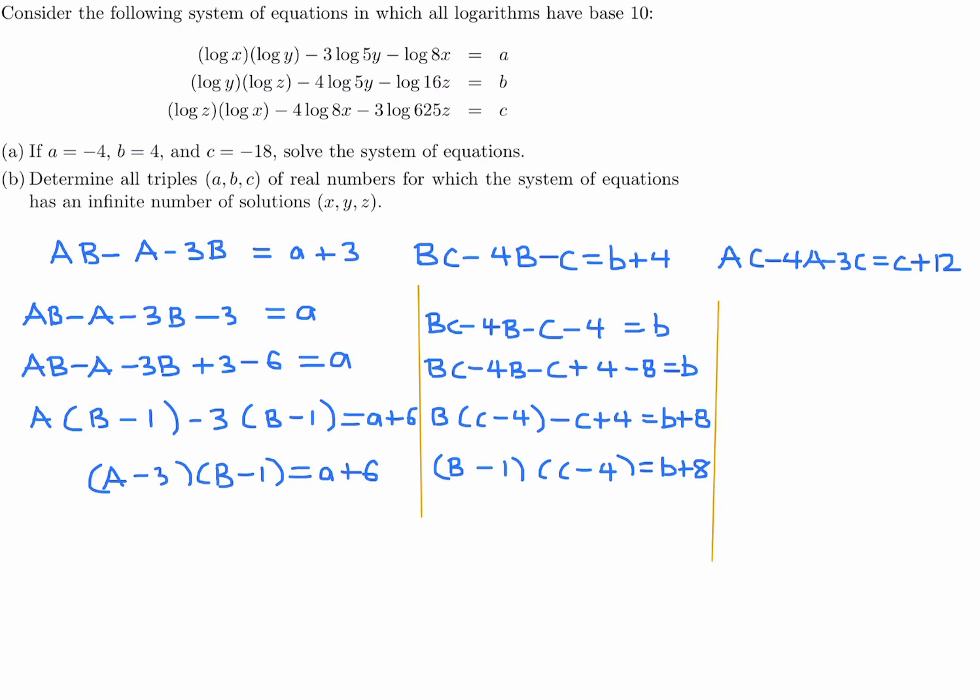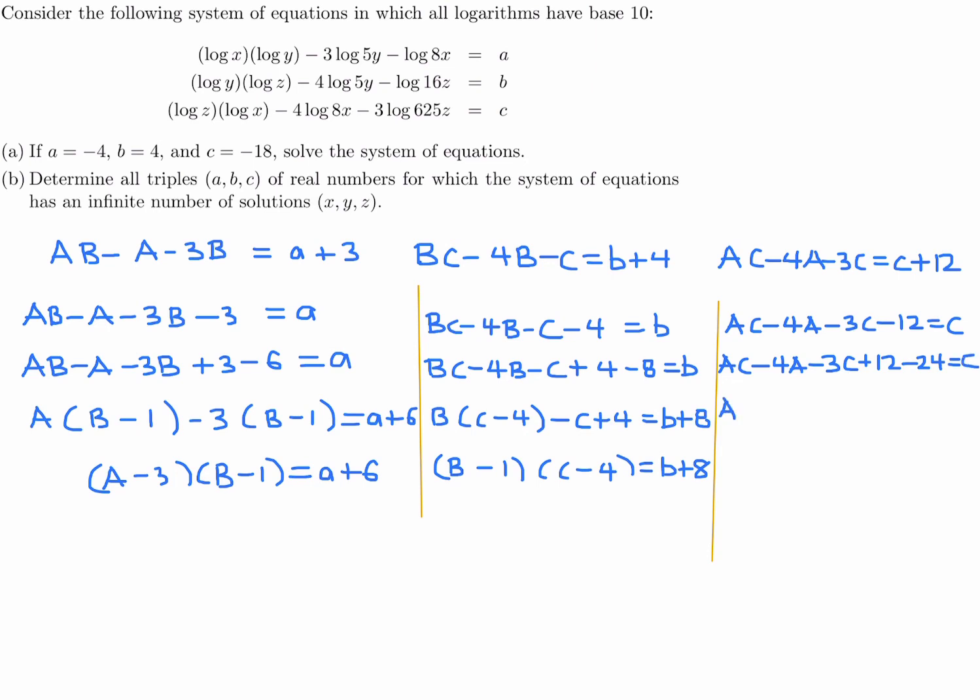And then now we'll do very similar factoring on this one. This is ac minus 4a minus 3c minus 12 is c. So ac minus 4a minus 3c, and then plus 12 minus 24 is equal to c.